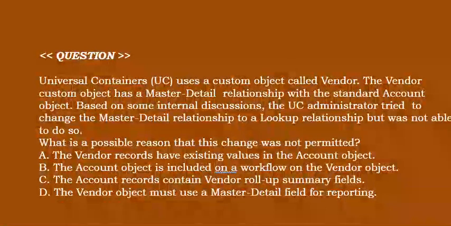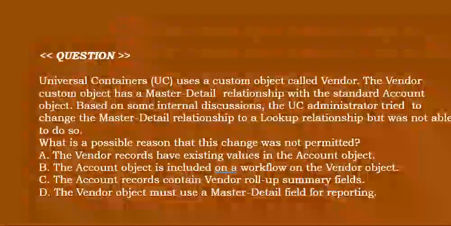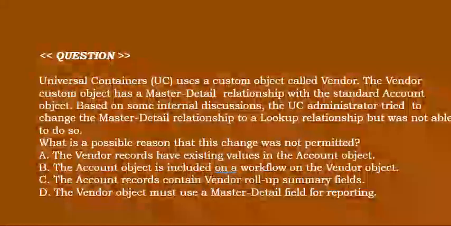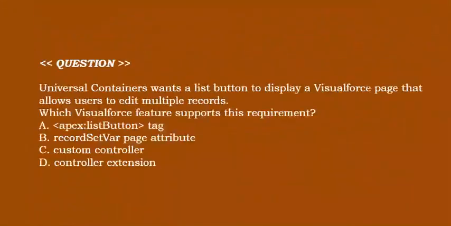Option A, the vendor records have existing values in the account object. Option B, the account object is included on a workflow on the vendor object. Option C, the account records contain vendor rollup summary fields. Option D, the vendor object must use a master detail field for reporting. Correct answer is option C.